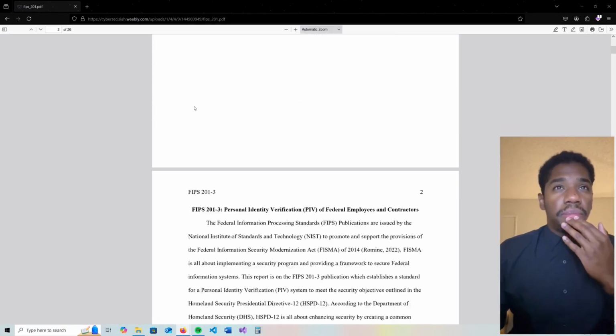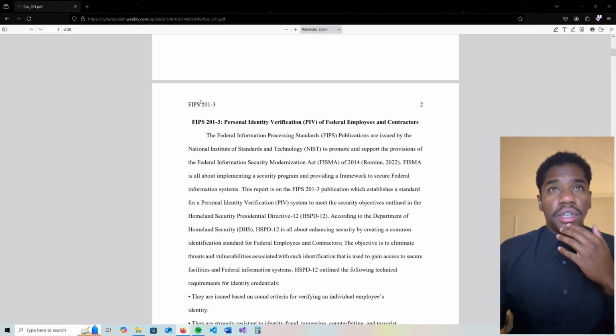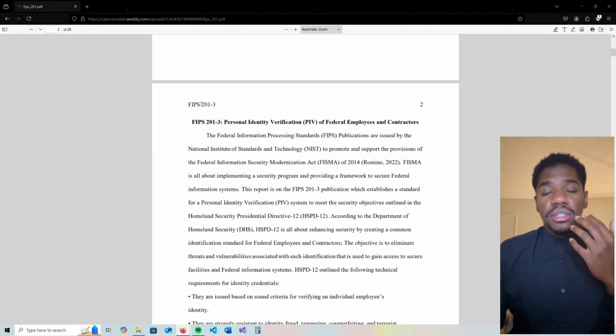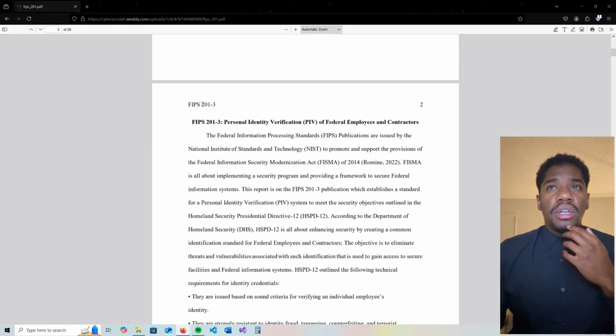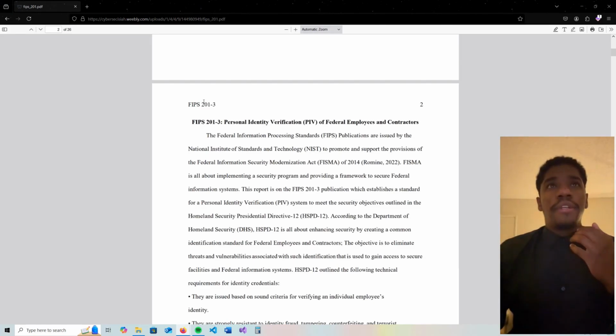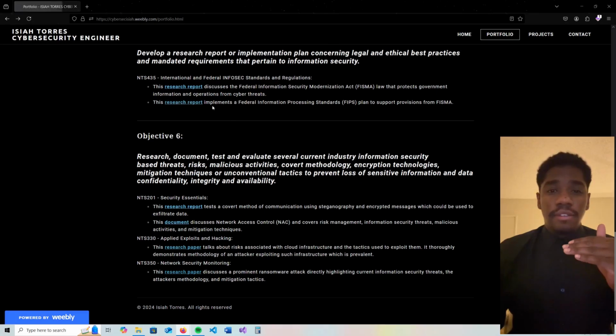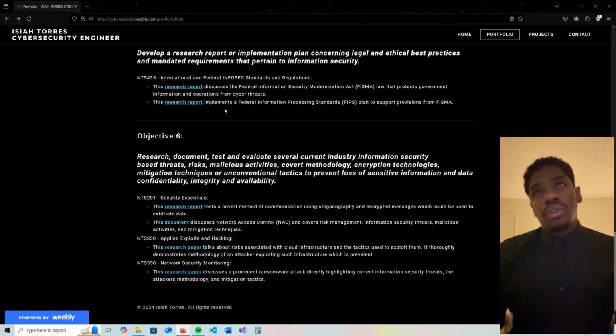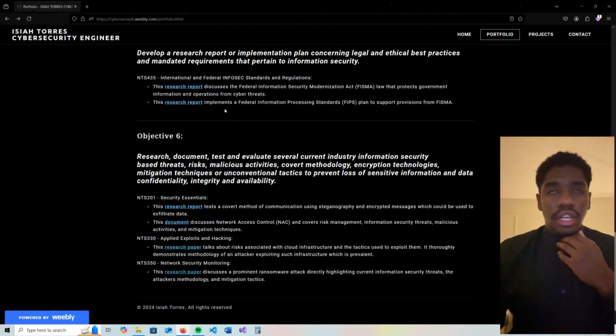Specifically, I did personal identity verification, such as PIV cards, because identity is crucial in those types of systems. So these are all laws that have to be abided by, and also best practices technically, but these are laws that have to be abided by with any federal information system. So those two were pretty interesting to me.